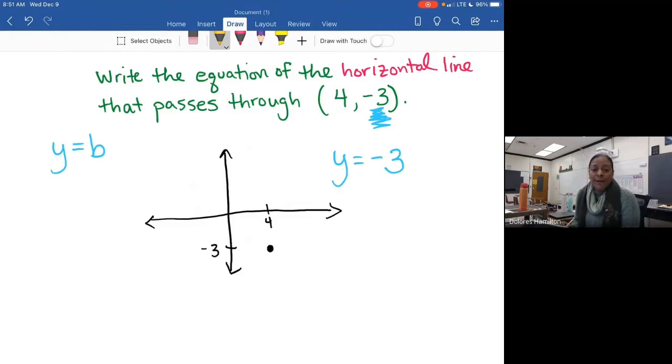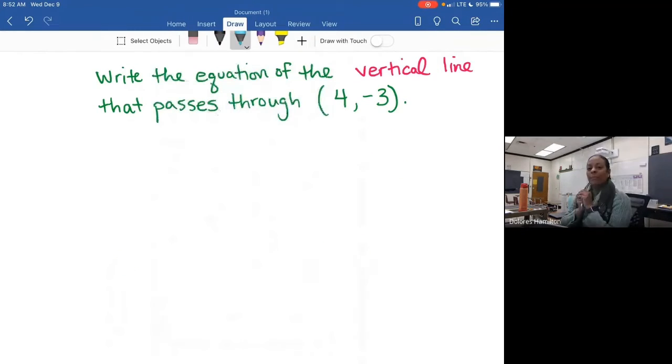And if we looked at the point on our coordinate plane, it should make sense that our y value has to be at -3 in order for it to have that point 4, -3 on it. What if this question asked us for the equation of the vertical line that goes through that point 4, -3? You'll remember for vertical lines, it always has the form x equals a.